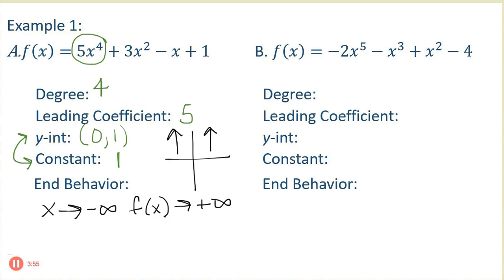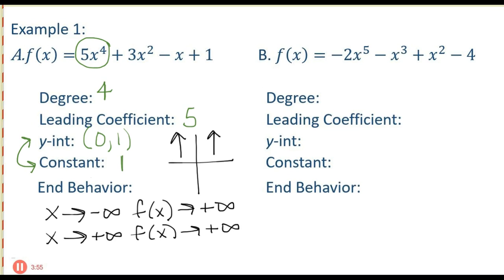And as x approaches positive infinity, f of x will also approach positive infinity. Whenever it's an even degree, you don't have to split it into the left and right. Because it has the same behavior, you could also say as x approaches positive and negative infinity, f of x approaches positive infinity.